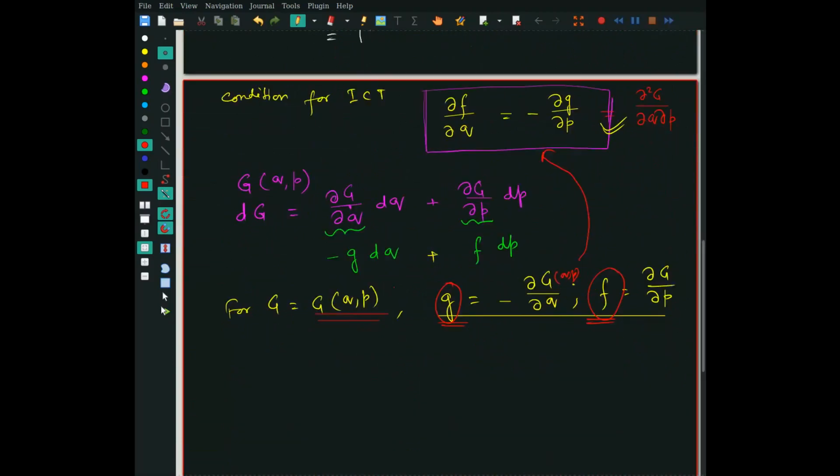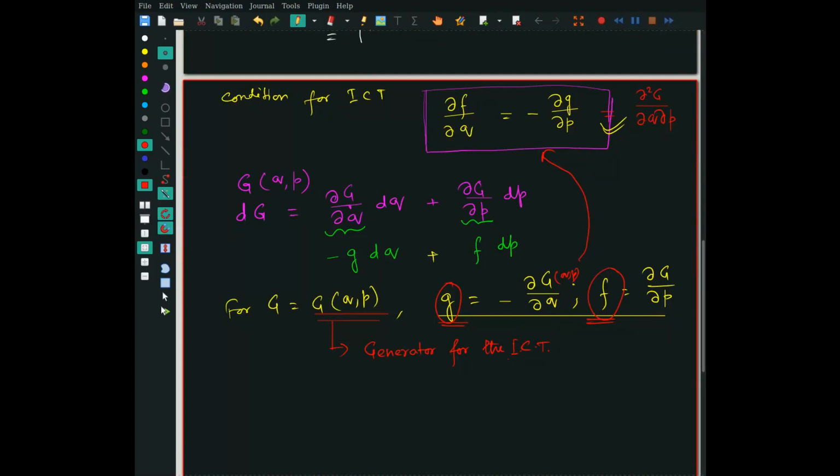And this G will very often be called the generator for that canonical transformation, or infinitesimal canonical transformation. I mean, if you build on it, then it would be the total canonical transformation.